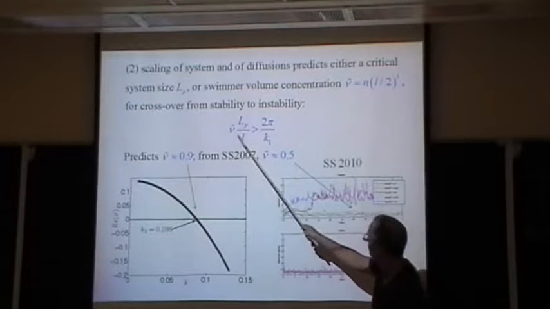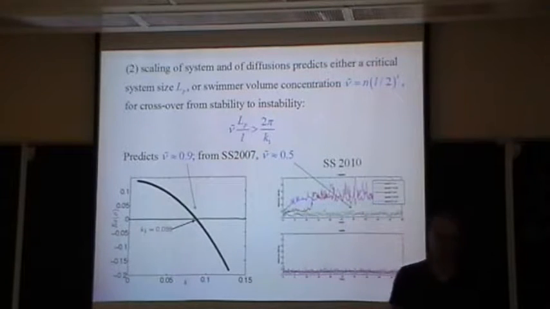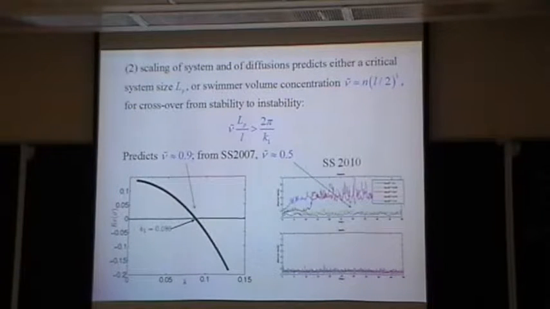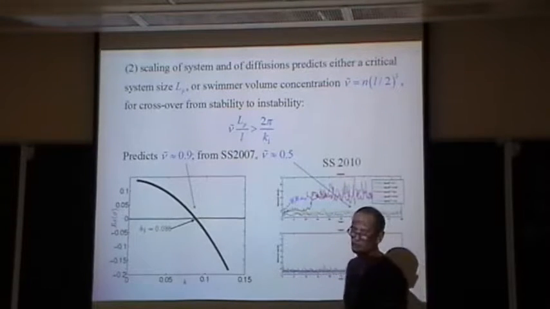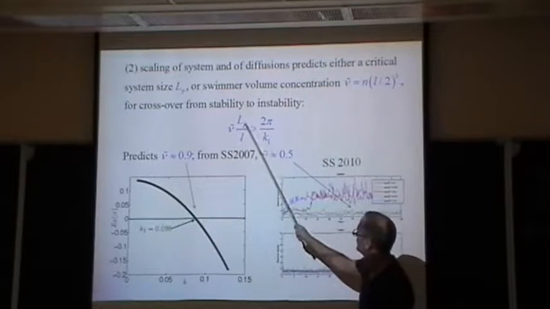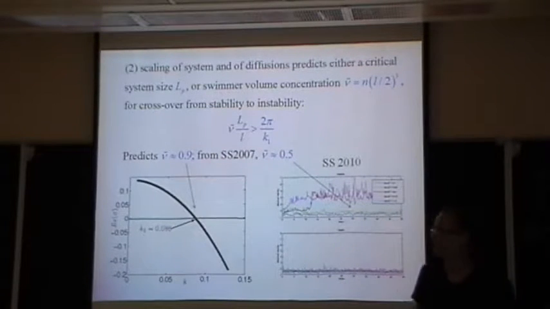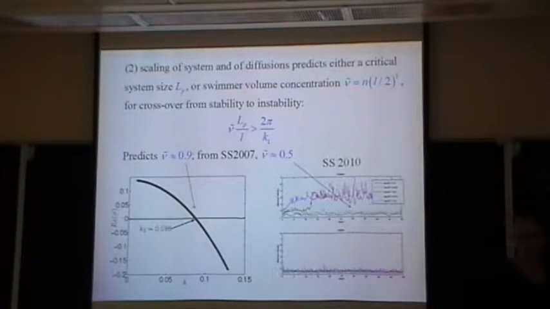In that case, our theory gives us a very nice stability threshold for where that branch is going to cross the axis, for pushers. And it just depends on two things. The length of the system divided by the length of the swimmer times the volume concentration has to be greater than some geometric value having to do with swimmers and the alpha, the size of the element.